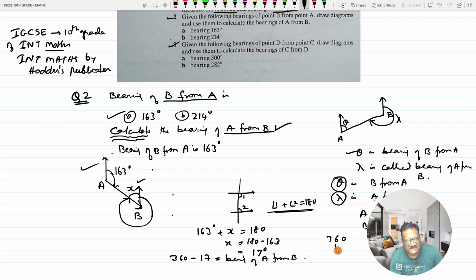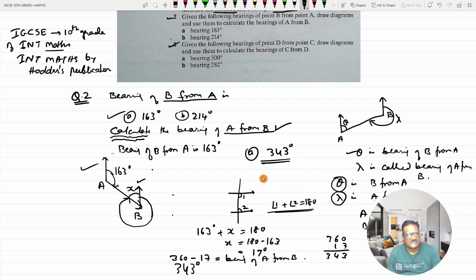Let us see. 10 minus 7 is 3, and 5 minus 1 is 4, and 3, so 343. So this happens to be 343 degree. So the answer for sub question A, the bearing of A from B, is nothing but 343 degree. Bearing is always written in 3 digits. Is that clear? That was sub question A.